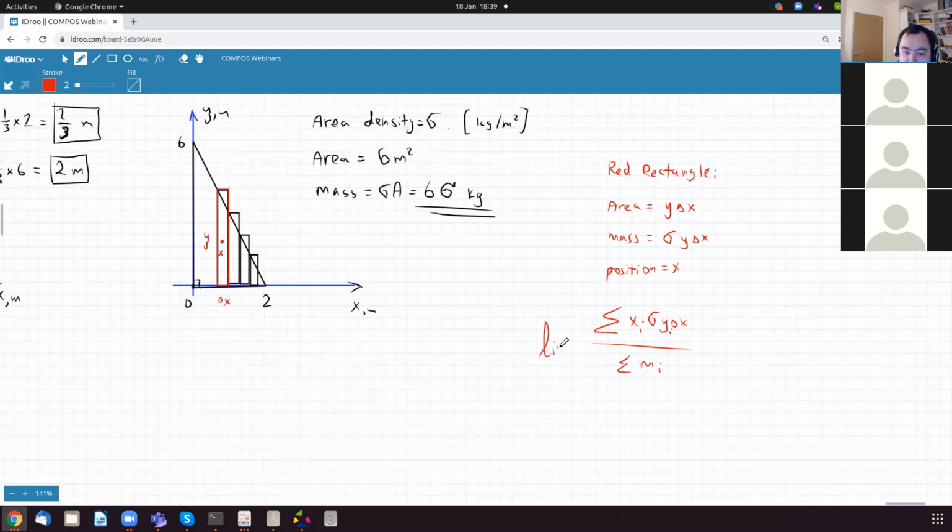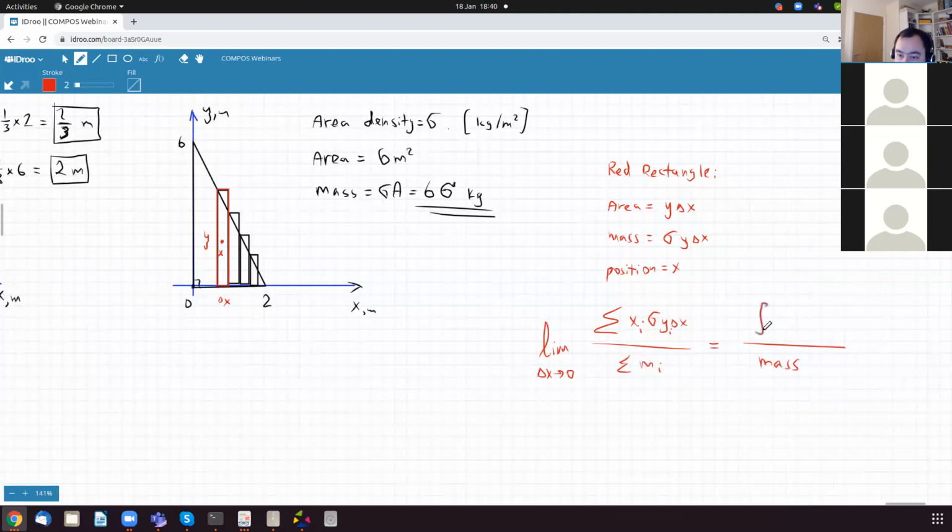And we limit this with delta x tends to 0, so we make the width infinitely small. And this we end up having, well, this is just the total mass.